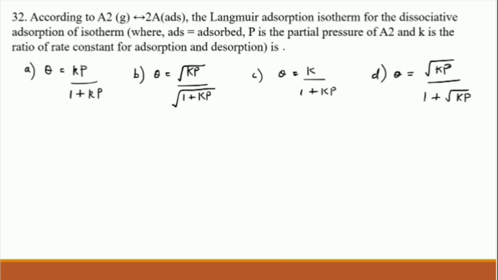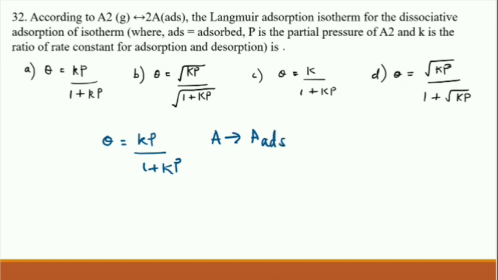Next question: for A2 to 2A, the Langmuir adsorption isotherm for dissociative adsorption, where P is the partial pressure of A2 and K is the ratio of rate constants for adsorption and desorption. So we have to find the adsorption isotherm equation. The usual equation is Kp by 1 plus Kp for A to A adsorption.